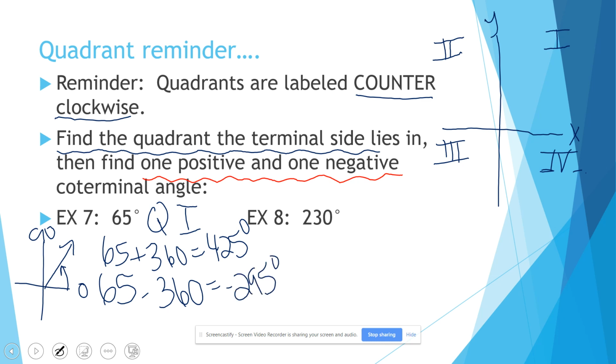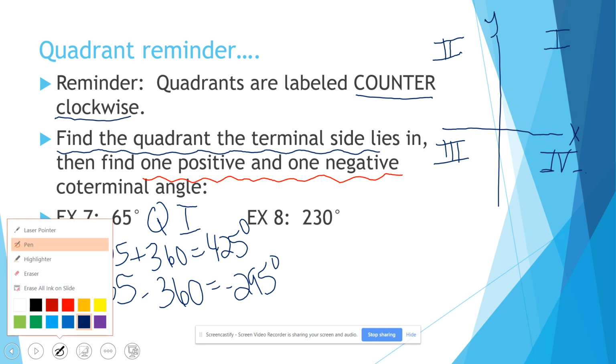So 65 degrees has a terminal side in quadrant 1 with coterminal angles at positive 425 degrees and negative 295 degrees.